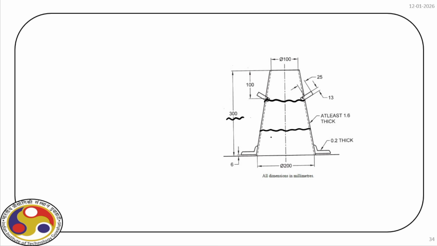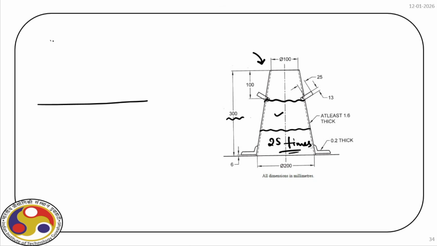After every layer is poured, it is compacted 25 times using a tamping rod, and then the next layer is filled up, again compacted 25 times, and then the final layer is poured. Once it is poured, the cone is removed and the height of the slump is measured.